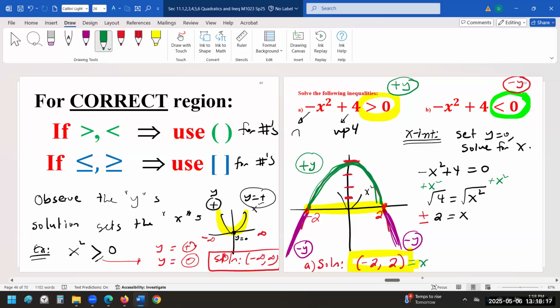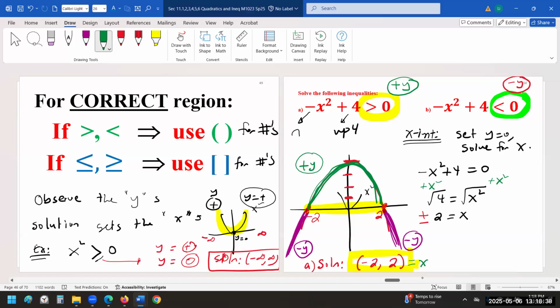It doesn't matter, because the smaller number always has to be on the left. It's a number line. So you're taking a portion of the number line and saying only this portion of the number line satisfies this condition. So the 0 is the y value.